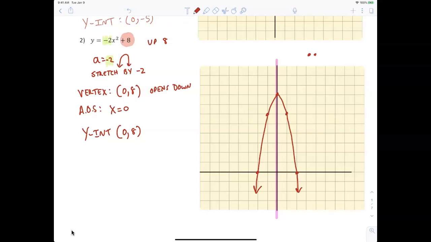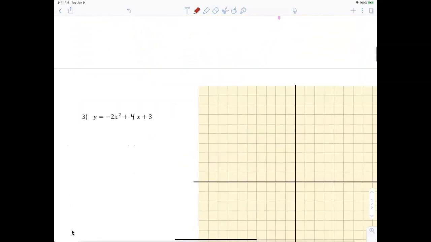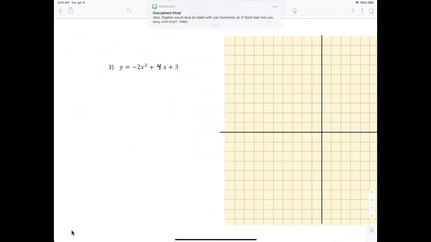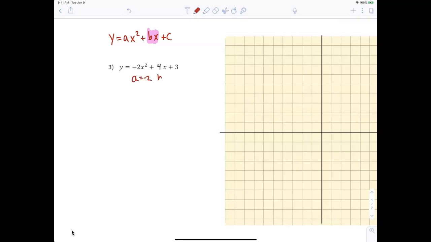Now we're getting into kind of a new area, where it's a little bit different. So what I want you to do is come over here and write y equals ax squared plus bx plus c. Now this is different from the vertex form because b is in the way. With that being said, I want to write underneath here a equals -2, b equals 4, and c equals 3.